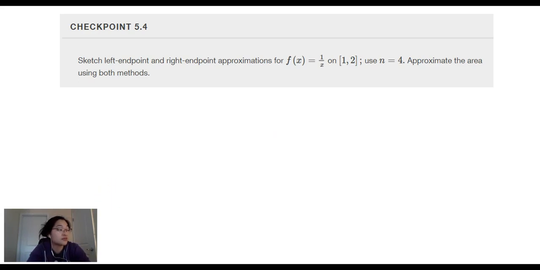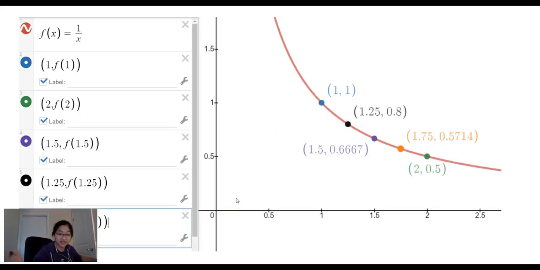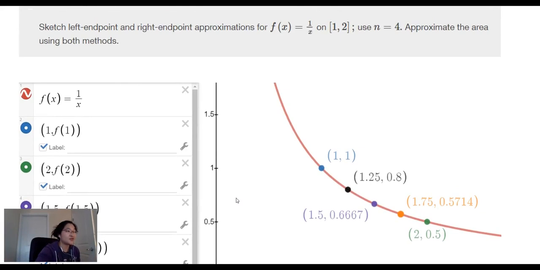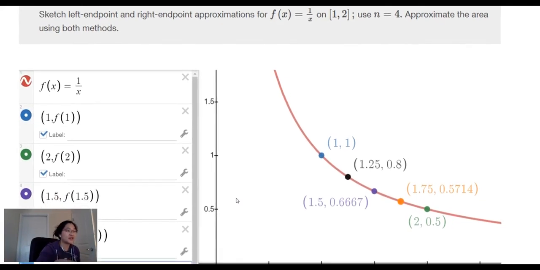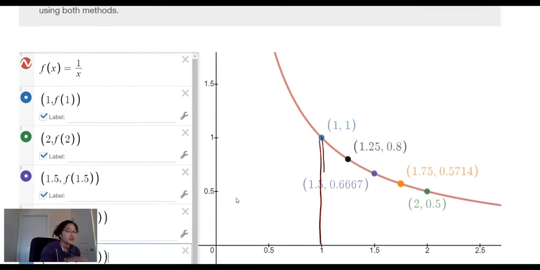So try that out. Okay, so I did this in Desmos, but hopefully you did it by hand. We're sketching, and then we're finding our left endpoint and right endpoint sums. In order to get 4 pieces, we need 5 different points. For the left endpoint, we're looking at this rectangle plus this one plus this one plus this one.